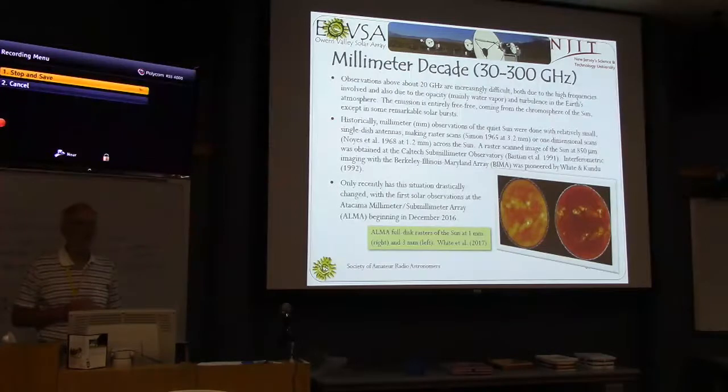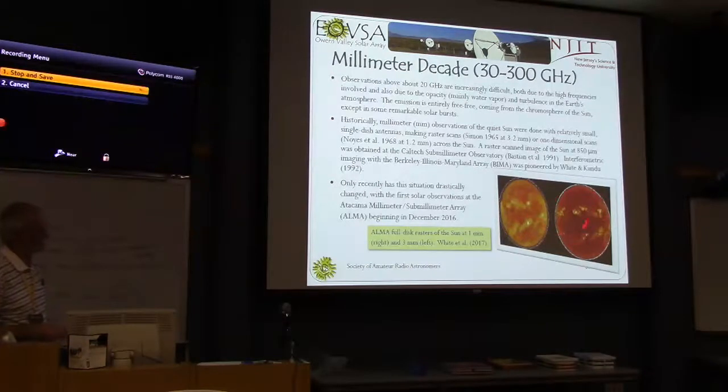So prior to a year ago, although it had been observing other kinds of sources, it wasn't allowed to propose for solar observing. So only in the last year we've gotten some solar data. This is a full disk image from a raster scan. It's actually some kind of double circle raster of the sun at 3 millimeters. And then this is the same thing at 1 millimeter.